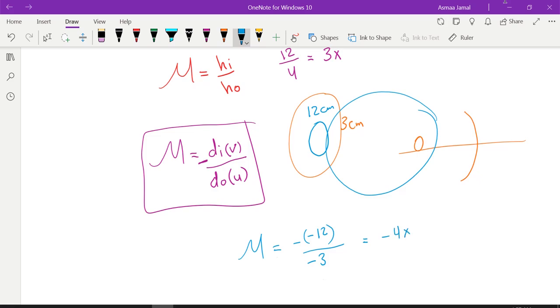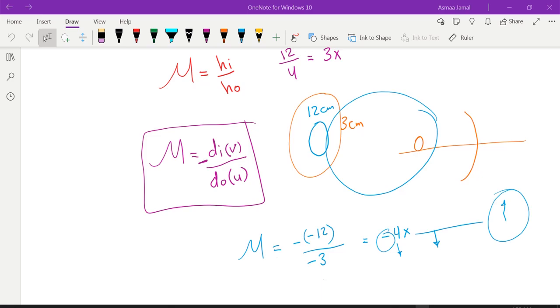And the magnification here is minus 4 times. The negative sign here means the formed image is inverted, which means beneath the optical axis. If it was positive, that means it's erect, which means above the optical axis, so that's immediately a virtual image. So negative, the image is inverted, and that's a real one.